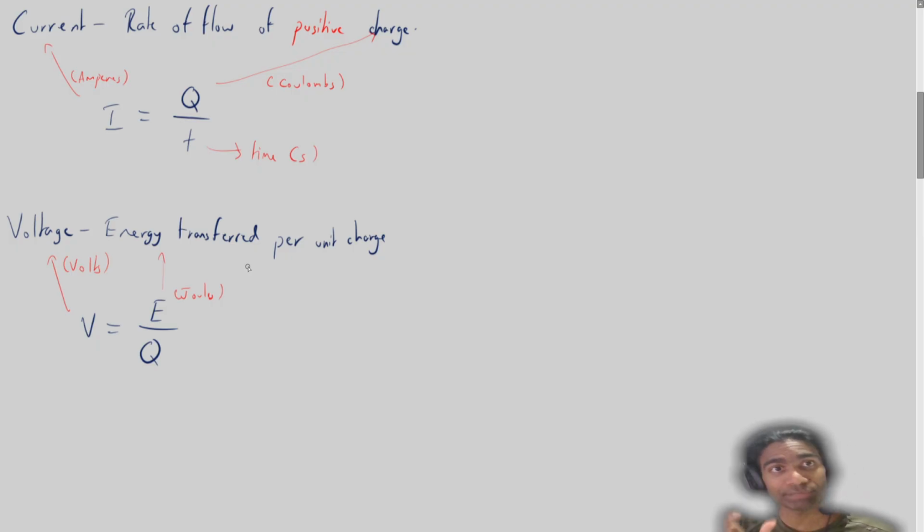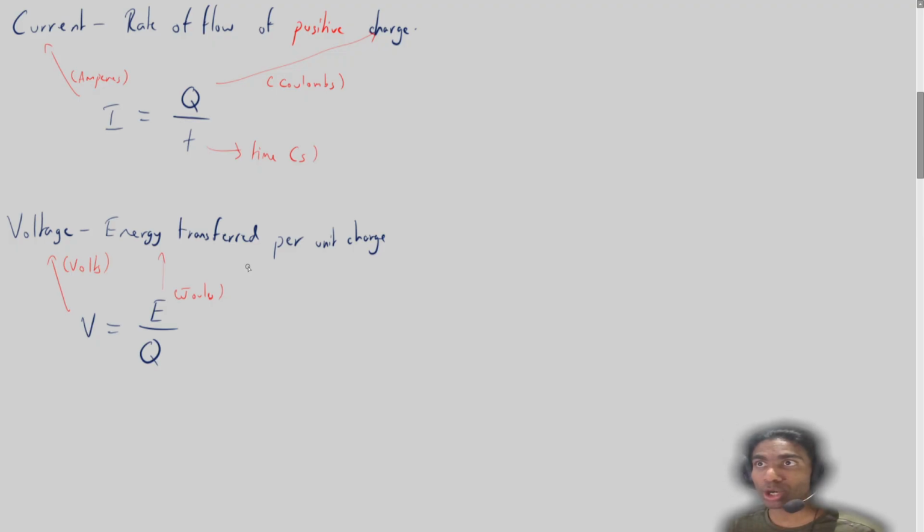And if that battery rating also has a current attached to it, like maybe 5 amps or 5 amperes, then that means that that battery is transferring out 5 coulombs of charge in one particular second. Okay, so that's how you can interpret what current and voltage is.